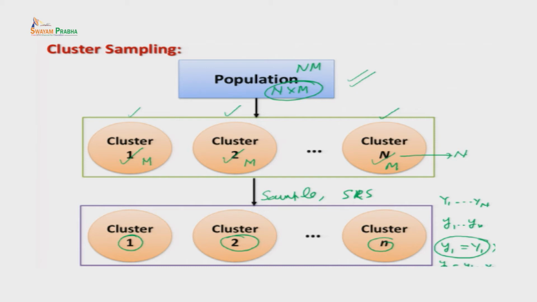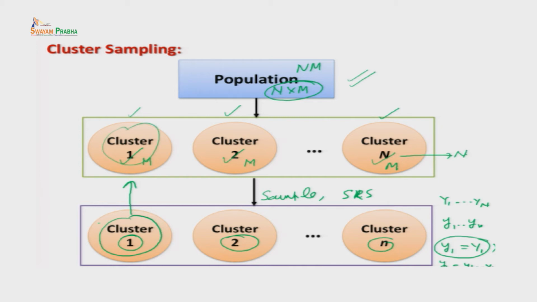Right. So, similarly the same concept comes here also, that when I am saying that this is my cluster number 1 in the sample, it does not mean that this is the same cluster. No, this can be any of the clusters out of the capital N number of clusters which have been created from the population. Right. So, that is where you have to be very careful in reading this slide, because I am writing cluster 1 here as well as here.